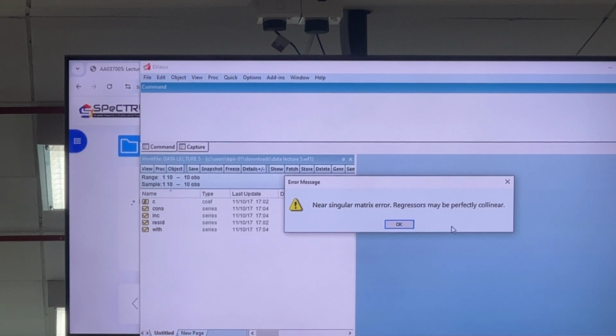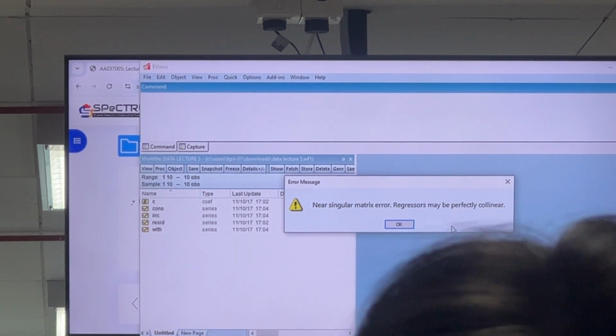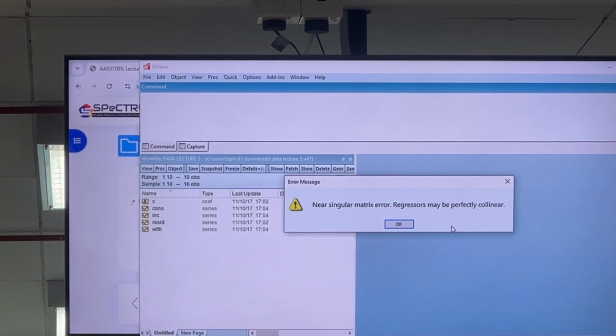It says near singular matrix. Basically it is perfect collinearity because you mistakenly include the same variable twice in the model, so x1 is exactly equal to x2.